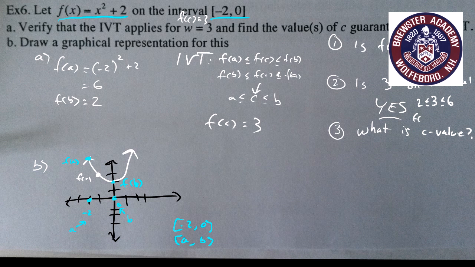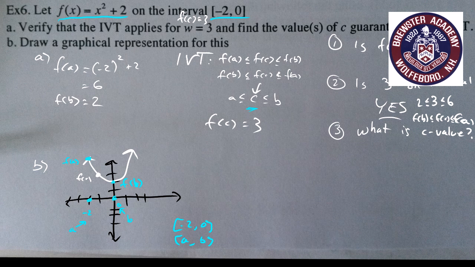This is our f of b is less than our f of c, which is less than our f of a. So now that our f of c is between f of b and f of a, that means there has to be a c value between b and a.